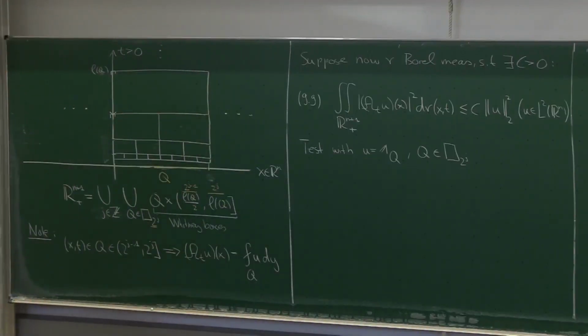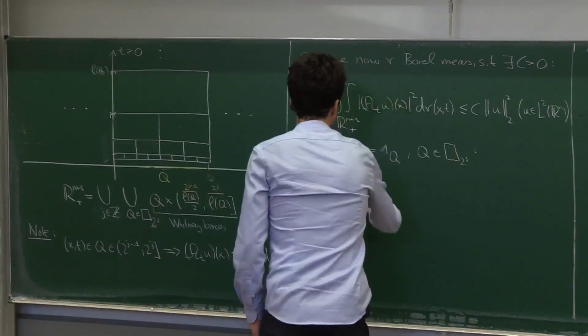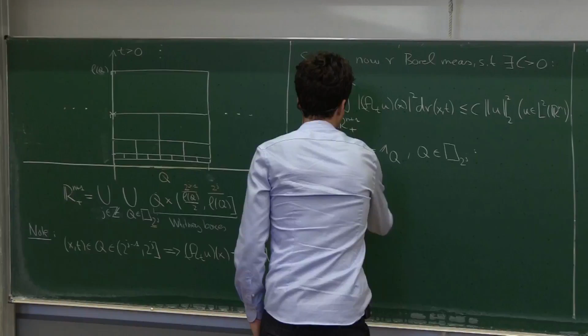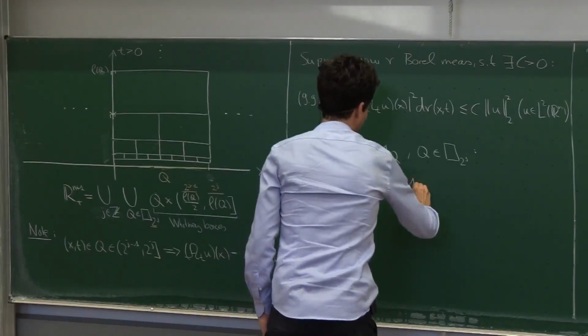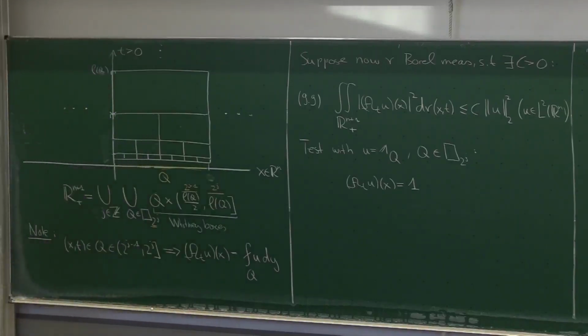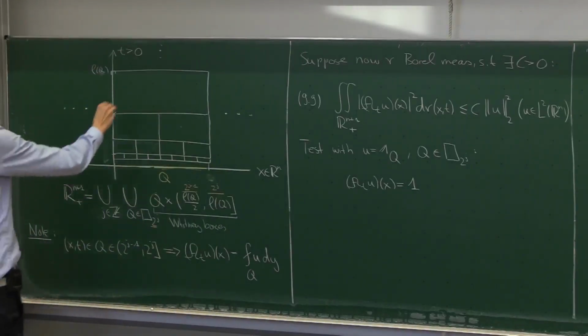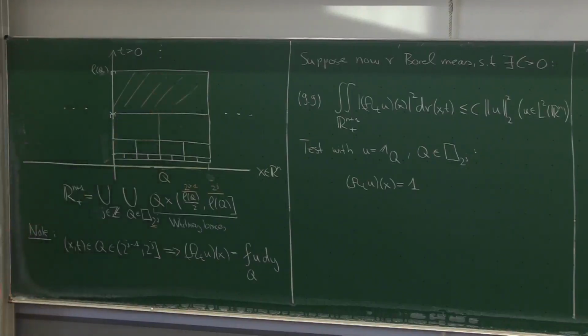So what am I going to find out? Well, A_t u of x is going to be 1 on a substantial part. For example, A_t u of x is going to be 1 everywhere here, because in this case I would use Q itself to define A_t u at x.